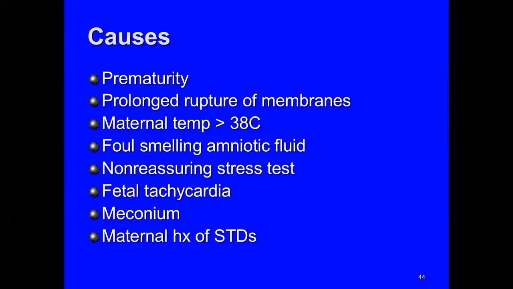So these are some other causes like fetal tachycardia, and meconium aspiration, and they also develop pneumonias. Also the maternal history of sexually transmitted diseases.